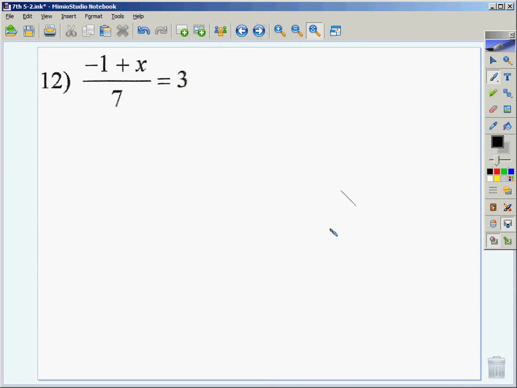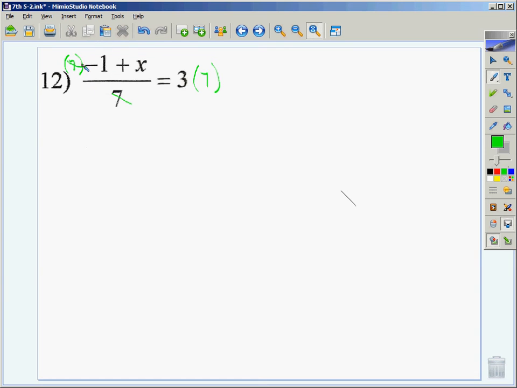And now we're going to skip to 12. What's the first thing I'm going to do here? It's being divided, so instead of dividing, I'm going to multiply. The 7s are going to cancel out.